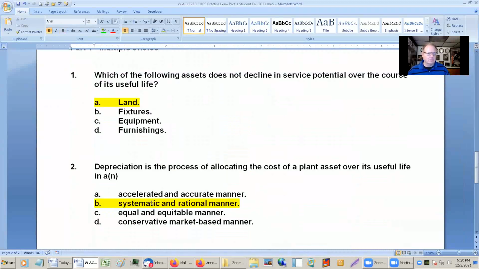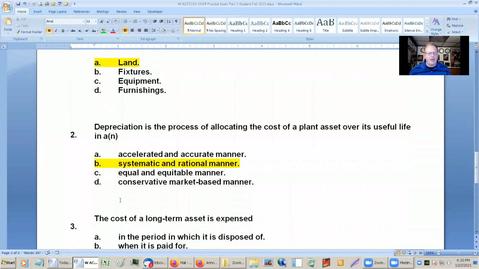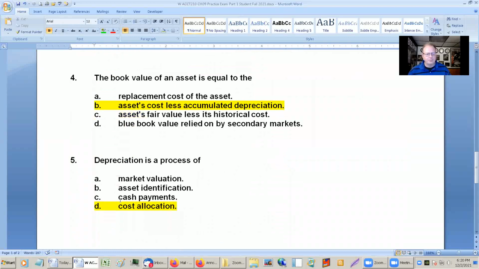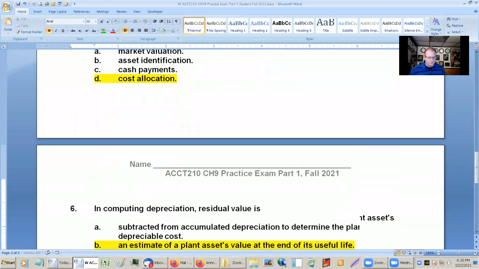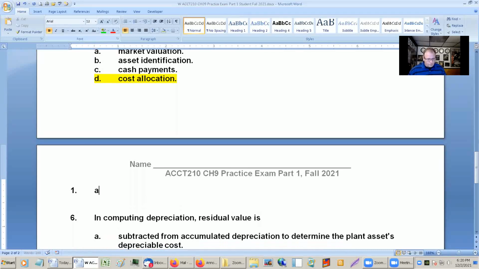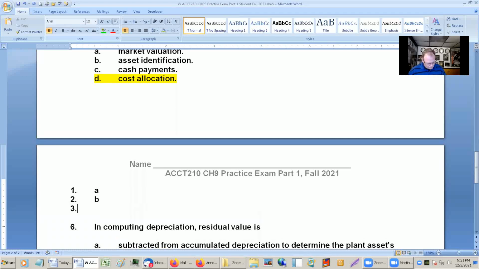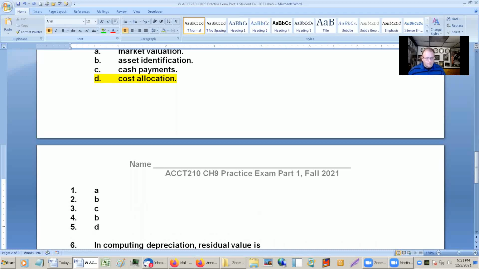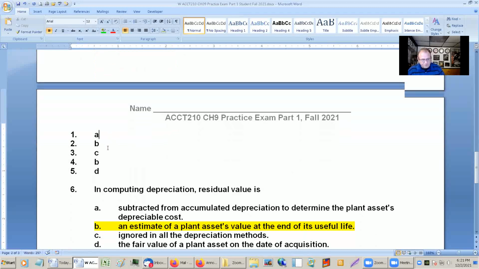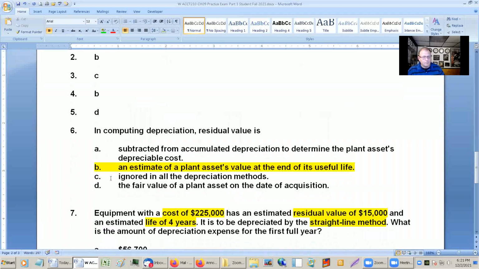So the answers were A, B, A, B, C, C, B, D, B, D. Okay, so these are the... shoot.